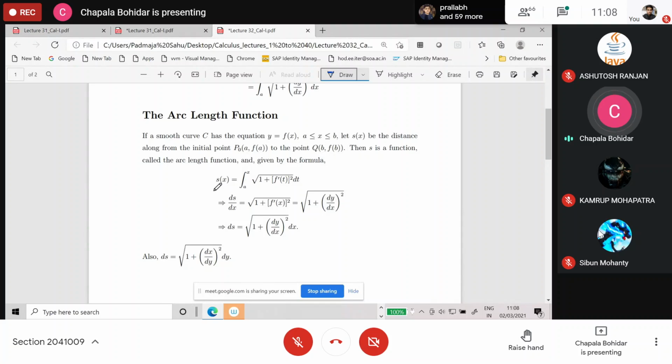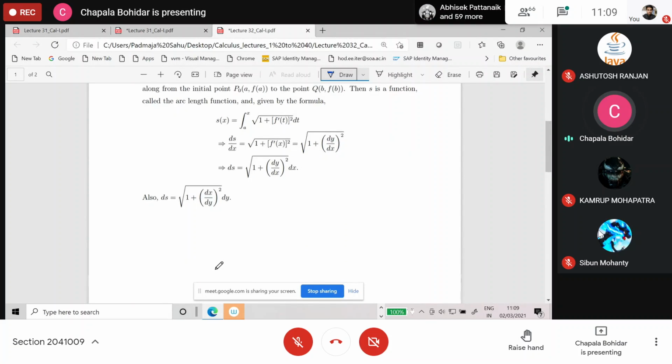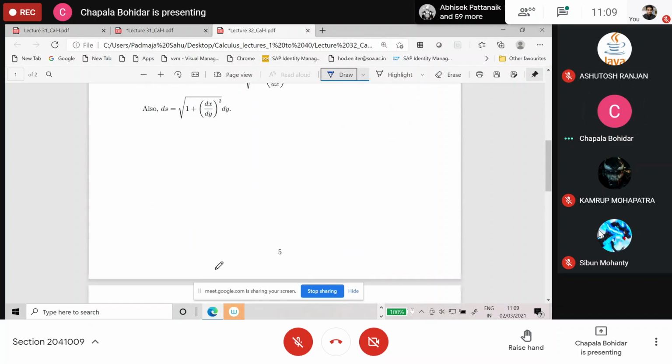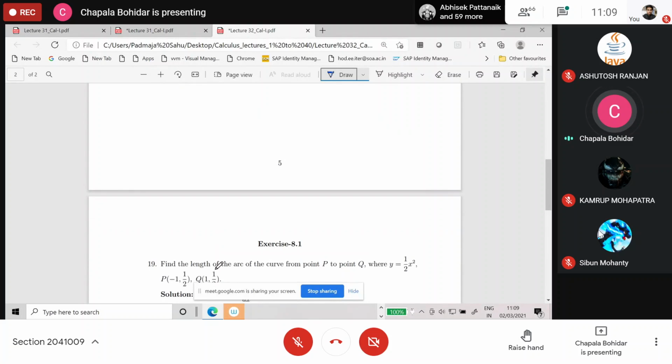That is, s is a function of y, here from c to y. So we get ds by dy this way.